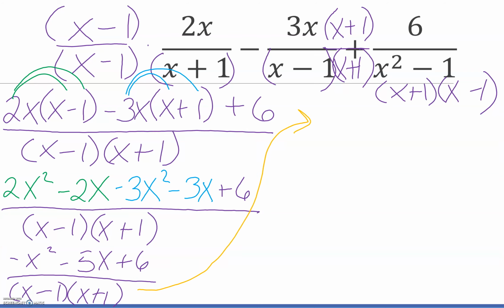Now, we could factor that numerator, but before I do that, I want to take out a negative. Because it's a lot easier to factor when it's a positive number in front of x squared. Now, taking out a negative is going to change all of those signs. And that's all over my x minus 1, x plus 1.